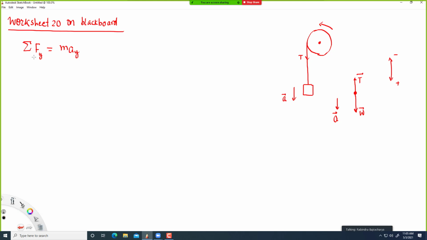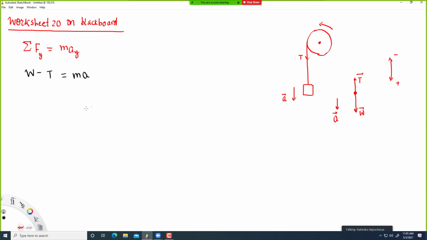So what's the force in the y direction? We have weight down, which is positive, tension T up, which is negative, and mass times acceleration, which is pointing down, so it's positive. So we have this equation and we want to find T and a.